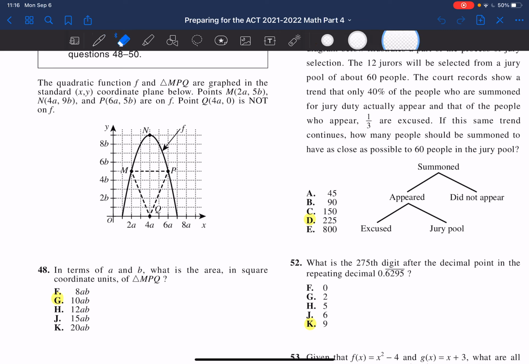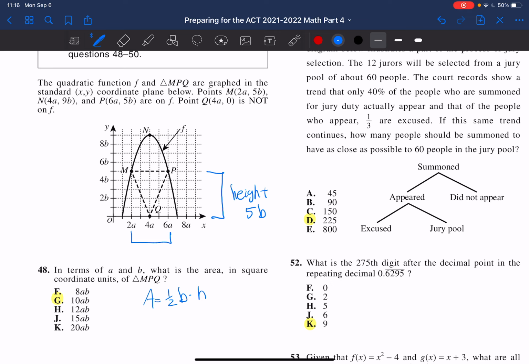So the area formula for a triangle is 1/2 the base times the height. Now for this triangle, what is the height? The height is this, which is 5b. And what is the base?